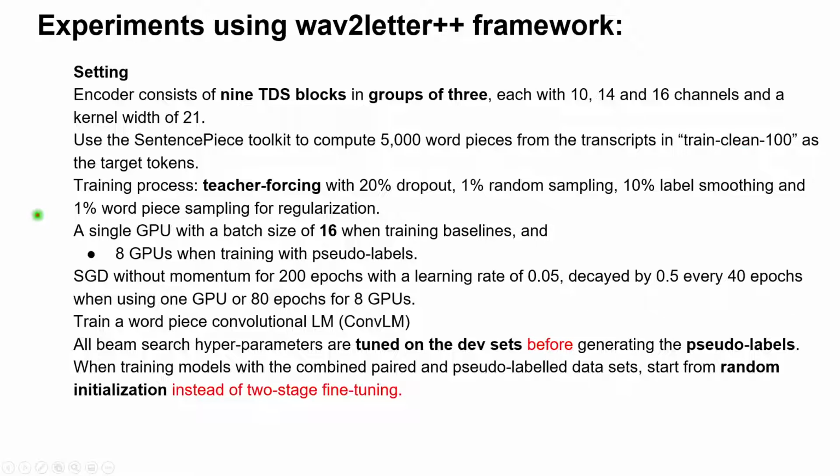The training process was teacher forcing with 20% dropout. There are further details given about the batch size and the SGD parameters, but what is important here is that a beam search of the hyperparameters is done on the dev sets before generating the pseudo labels.